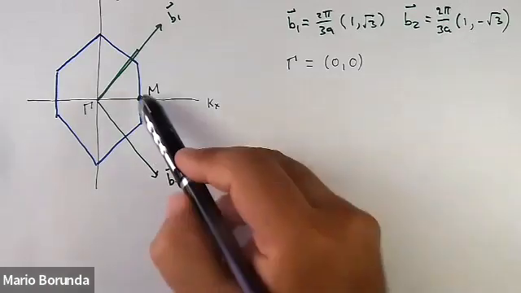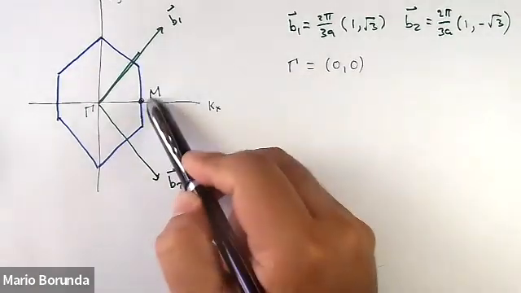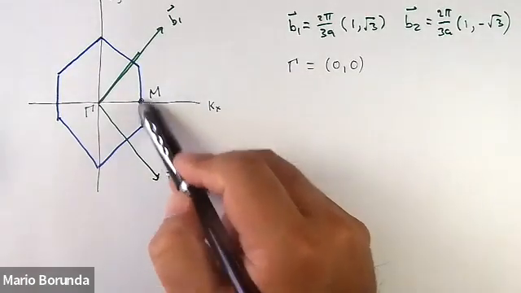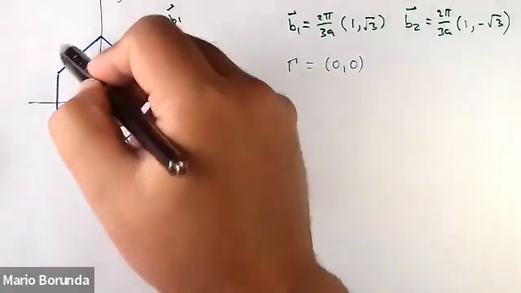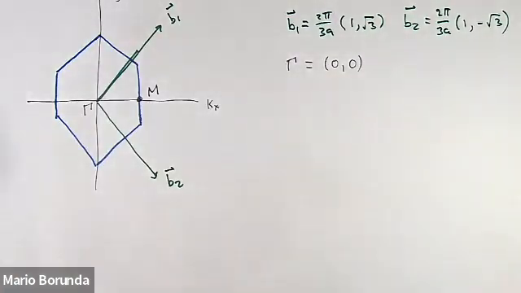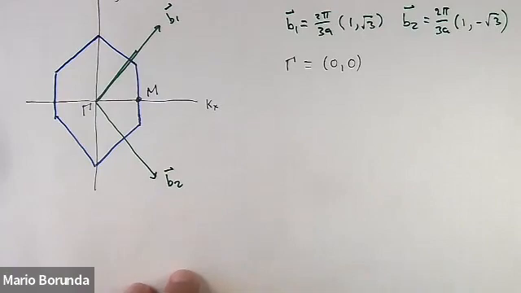So this is an important symmetry point, because this point, this point, this point, this point, and this point, they're all identical. That's the symmetry of the system. So all of the middles of the hexagon edges are symmetric in a symmetric hexagon. Questions? No?